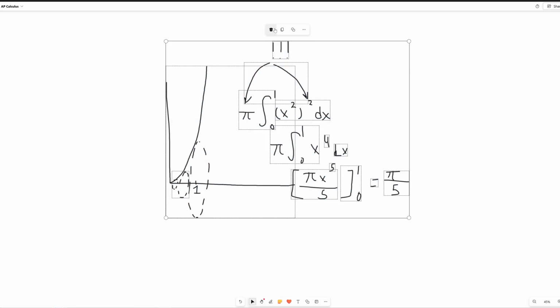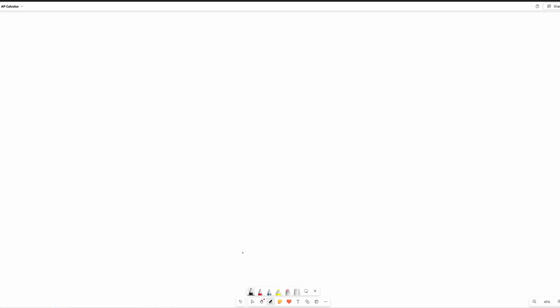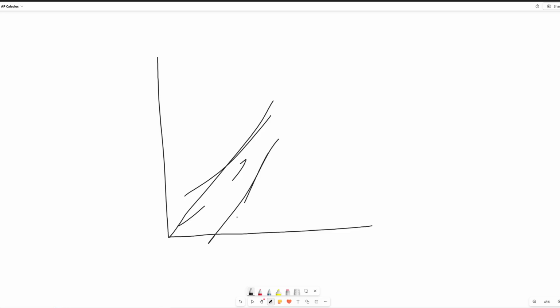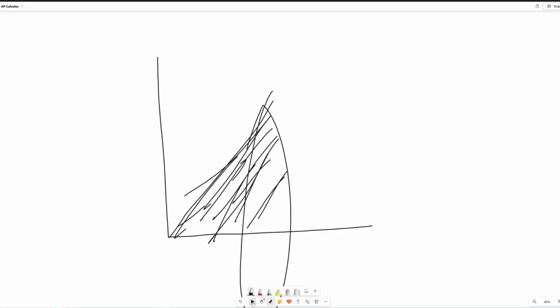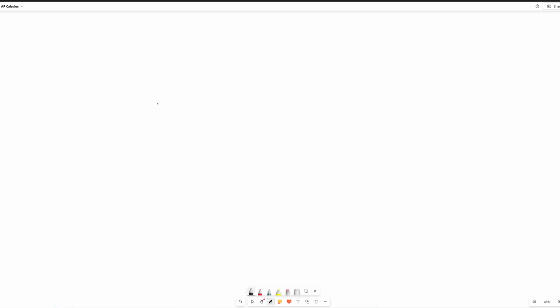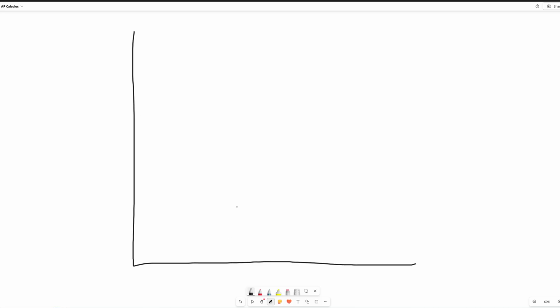So, what would happen if you had an area you were rotating, which was not just some area under the curve, like this, that was being rotated around? What if you had something a little bit more unorthodox, like the area between two curves?